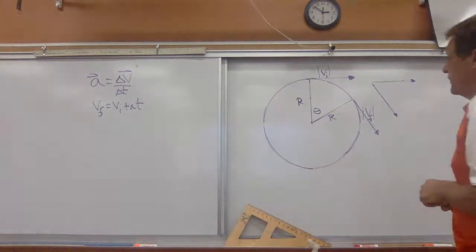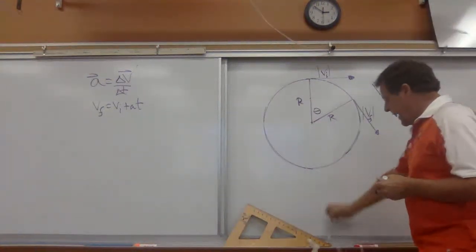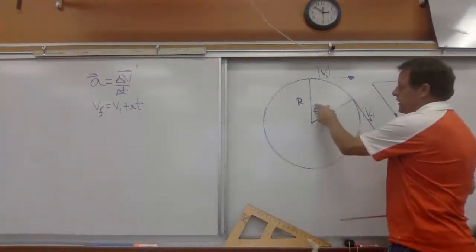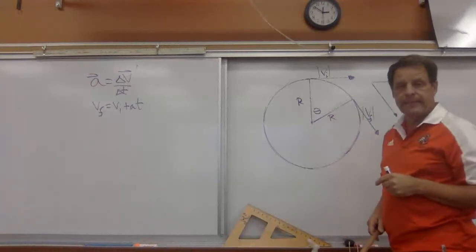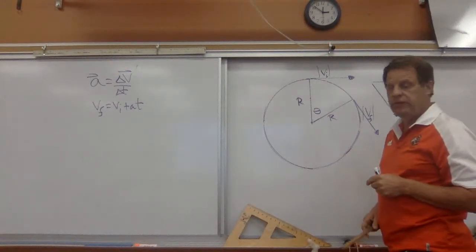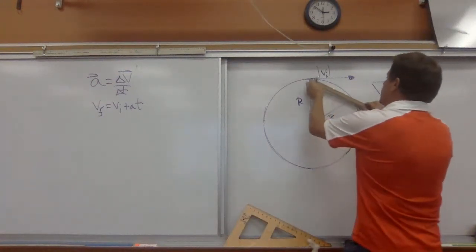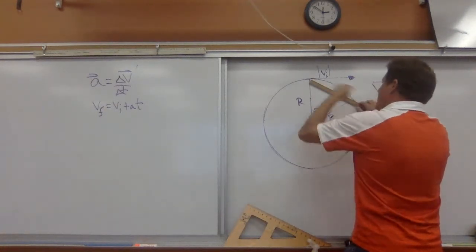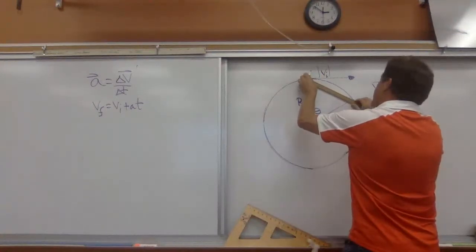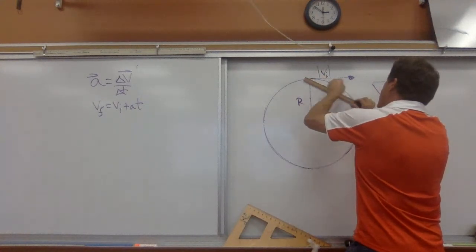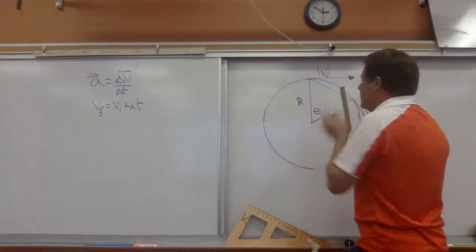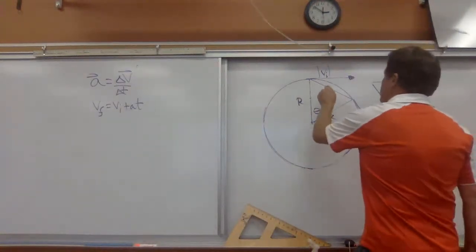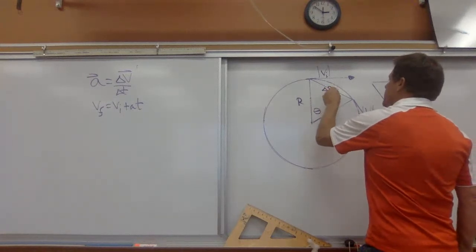So if we have a triangle, it's going to go a certain distance, and we're going to draw a line across here. From a vector point of view, this is going to be the change in r.